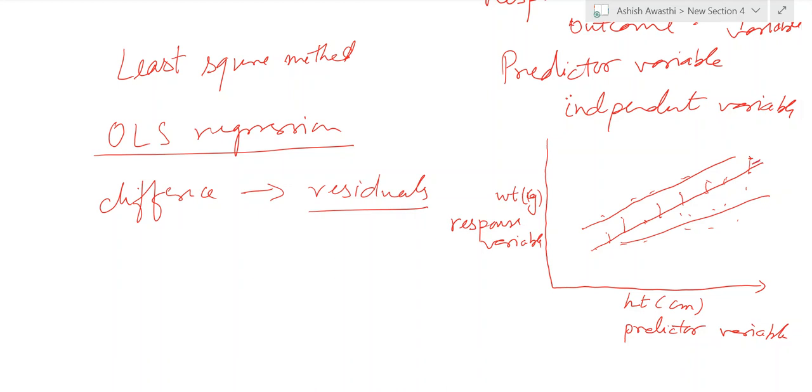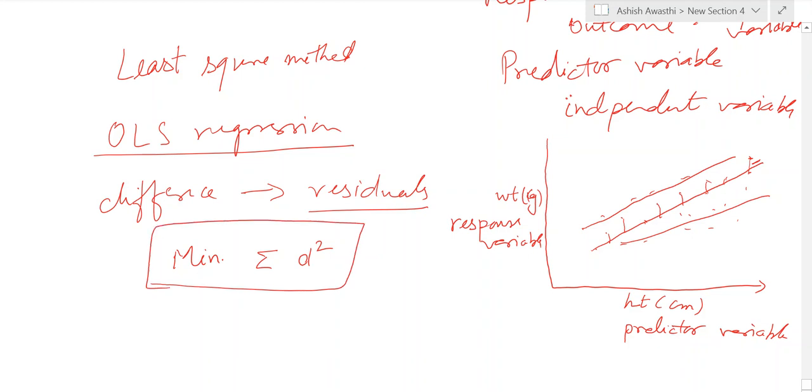We will try to minimize the sum of differences squared. If we denote the difference by d, square it and sum it, in the least square method we will try to minimize it. That's why it is called least square, because the best fitted line gives you the minimum value of residual.